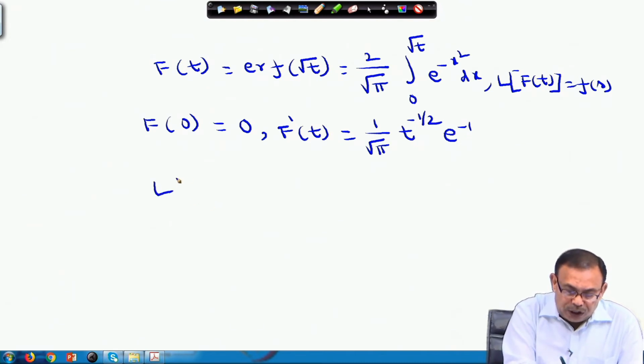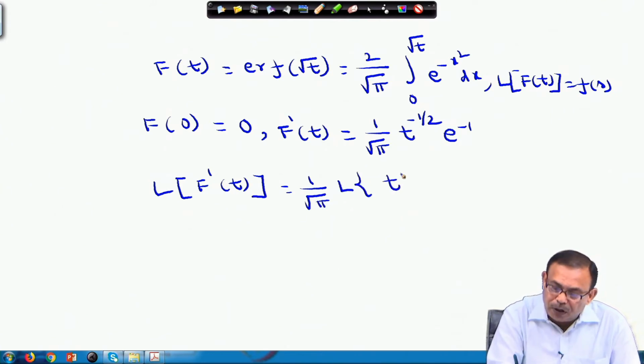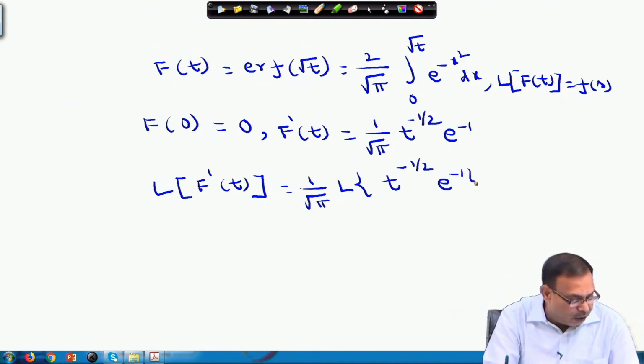So, I will start from here, the Laplace transform of f dash t is equal to 1 by root pi, and already we have evaluated the Laplace transform of t to the power minus half into e power minus t.